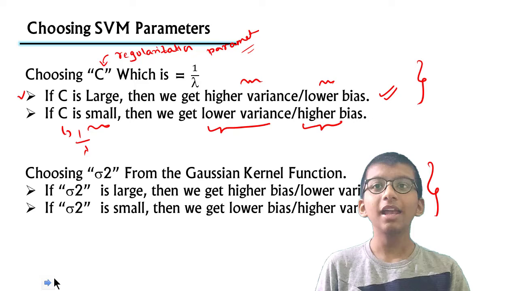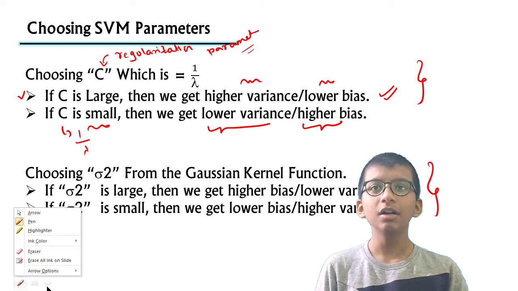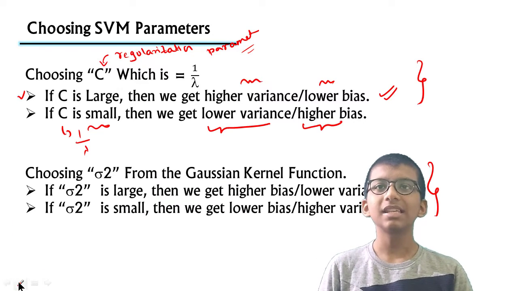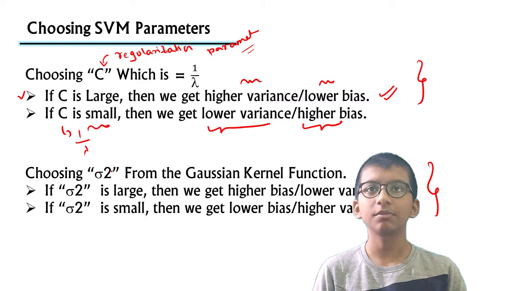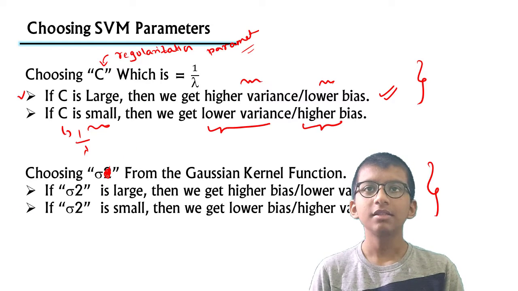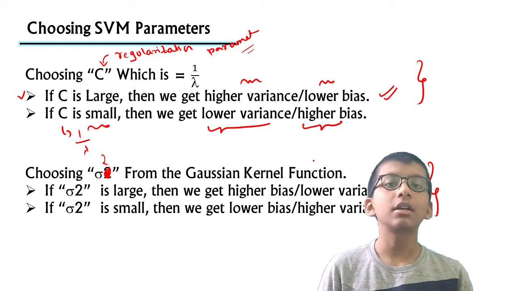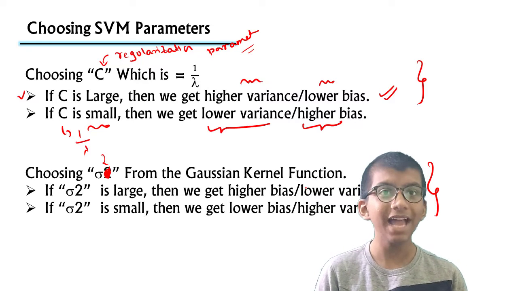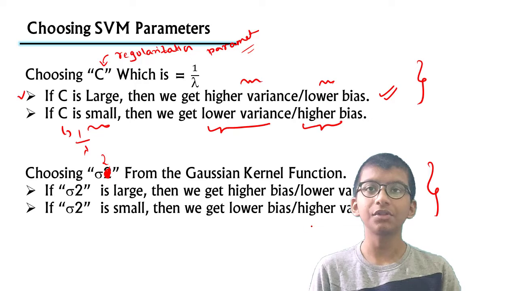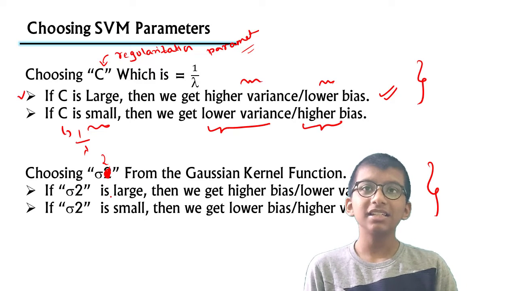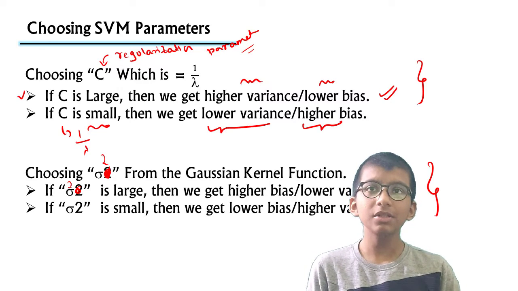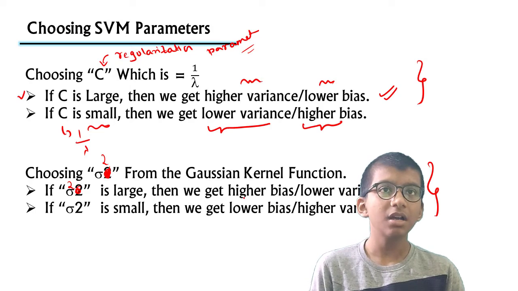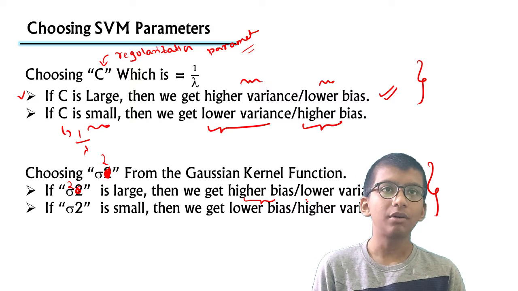Then we have a new parameter, which is sigma squared, from the Gaussian kernel function, or we can say similarity function, that we have. In our previous video we saw that if sigma squared is large, we get higher bias and lower variance.